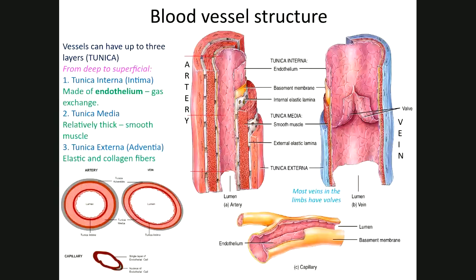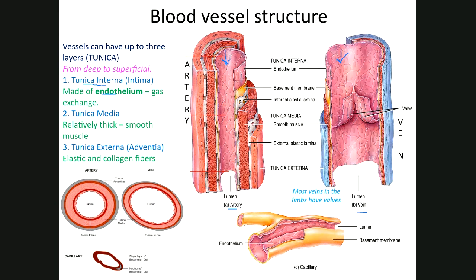So let's look at the basic structure of blood vessels. Blood flows through the lumen, these open spaces inside the vessel. You can see a difference between an artery and a vein, and we'll discuss these in greater detail. The walls of the blood vessel consist of three major layers. The first one is called the tunica interna, which is made up of endothelium, and it has a basement membrane.